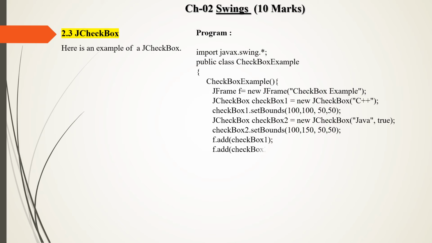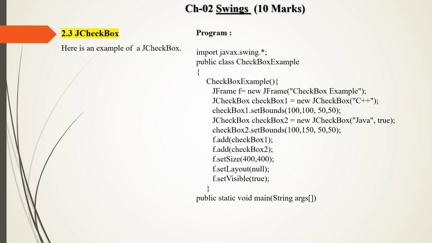Then we add both checkboxes into the frame. Then we set the size of the frame by the method setSize. Then we set the layout of the frame. Then we set the visibility of the frame. Then we define the main method, public static void main(String[] args), and we create one object of the CheckBoxExample class.